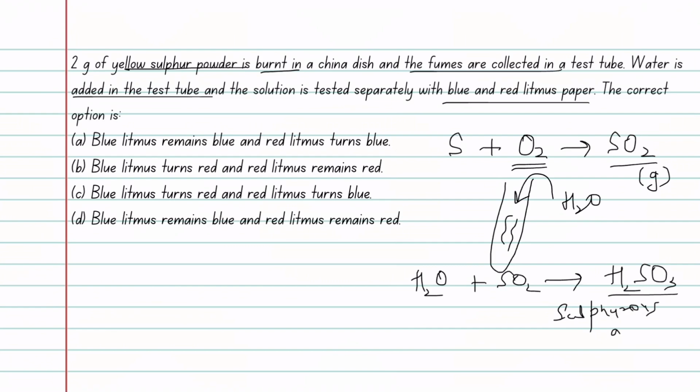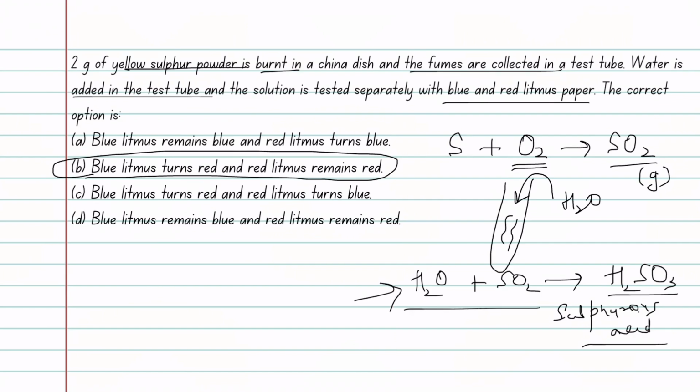Sulfurous acid, as the name suggests, is an acid. So it will turn blue litmus paper red and red will remain red. So option B is your correct answer. Even if you don't know what would happen with water, another clue that you can see here is that sulfur is a non-metal.